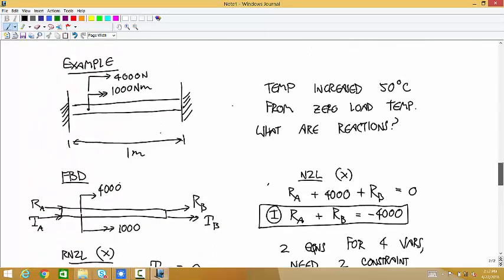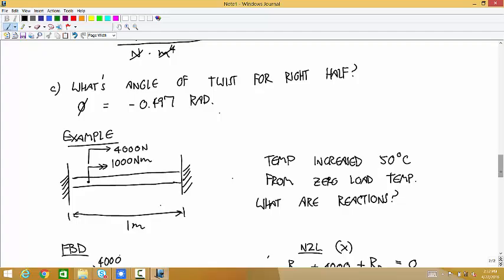Did I give any information about this? Yeah, we do need alpha. So alpha is equal to 5.0 times 10 to the minus 6, 1 over degrees Celsius. And then the other ones, I think we're going to need those too.